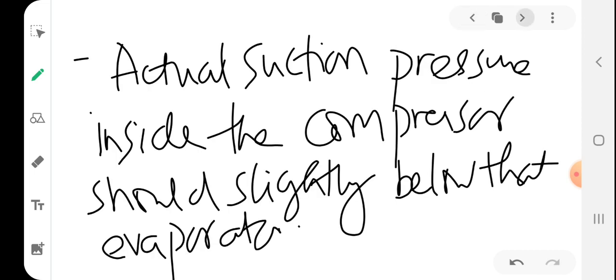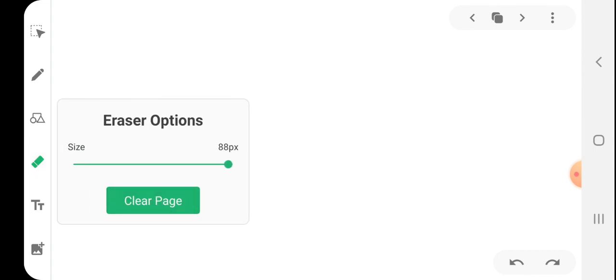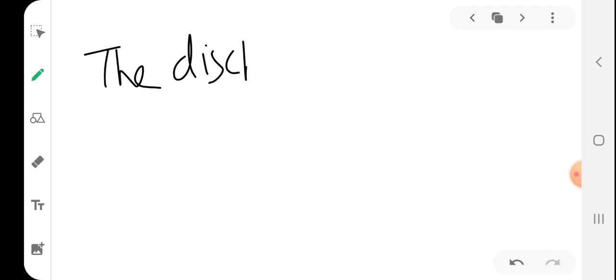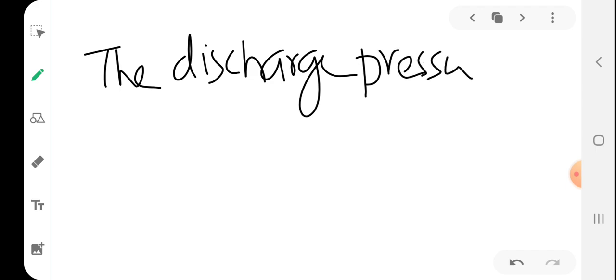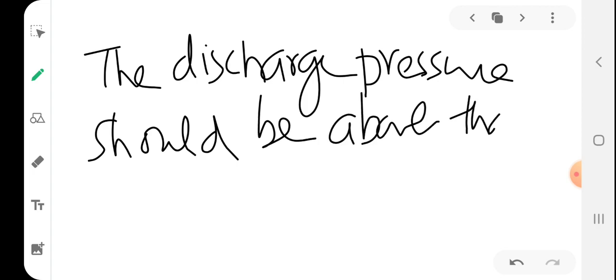And another case is the discharge pressure. Similarly, the discharge pressure should be above that of the condenser.